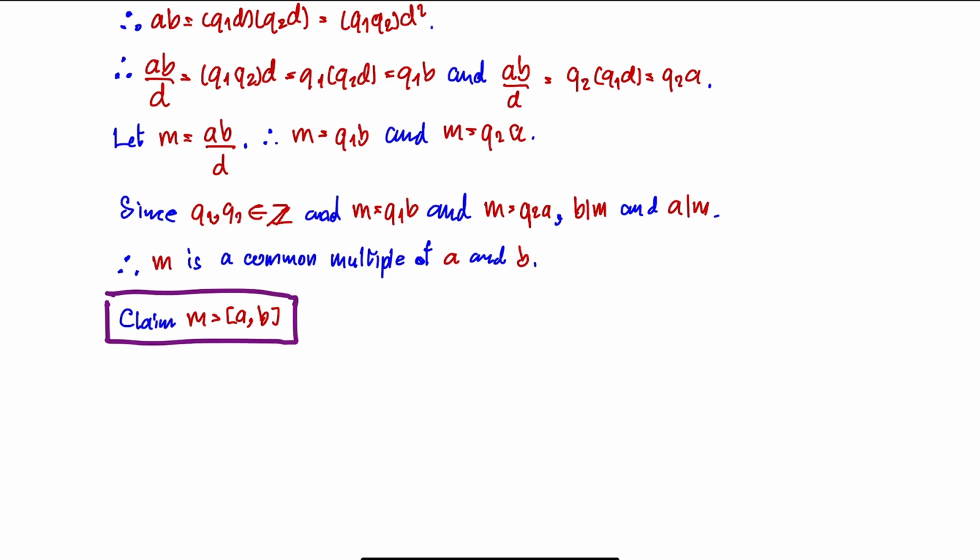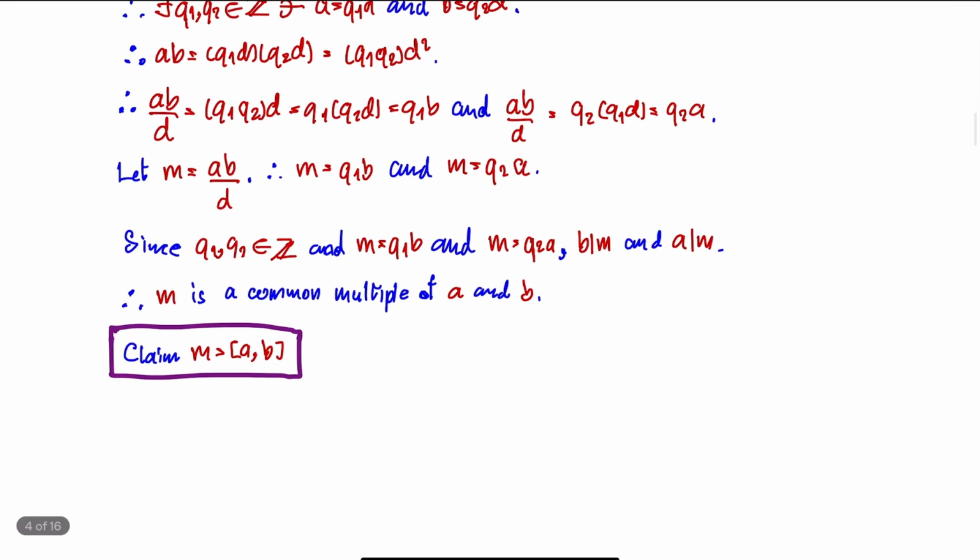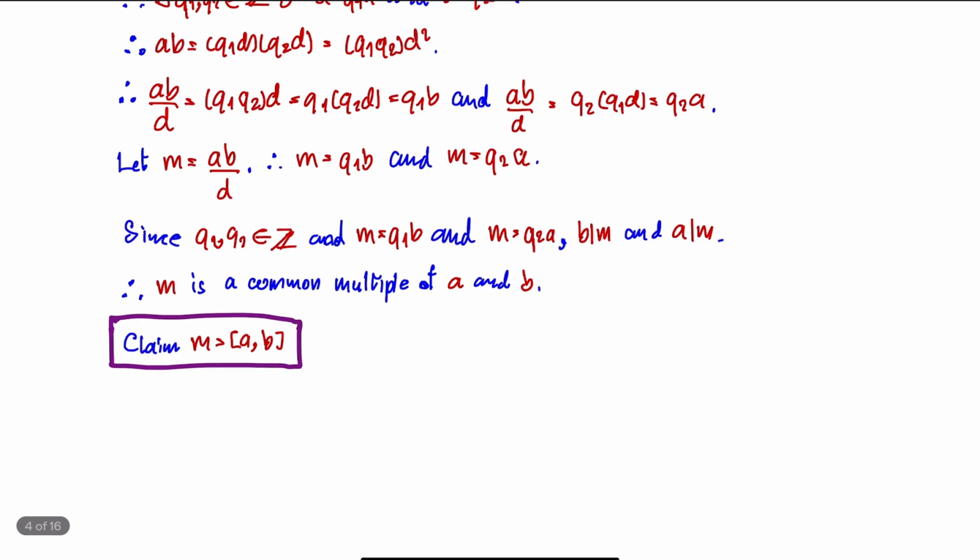Okay, then what can we do? The next thing we're going to do is let c be a positive integer such that a divides c and b divides c.